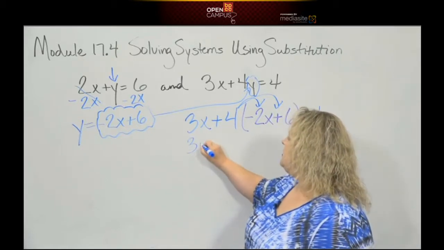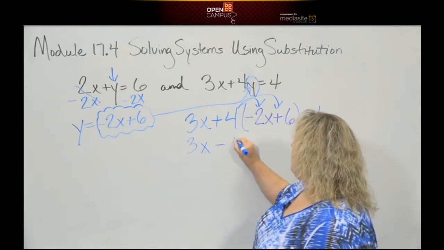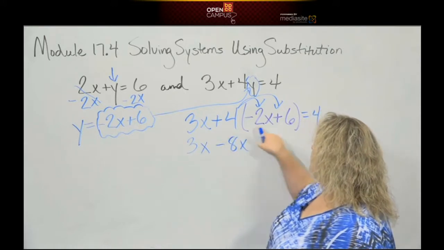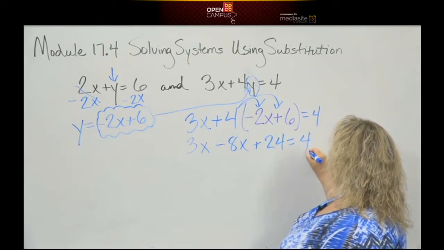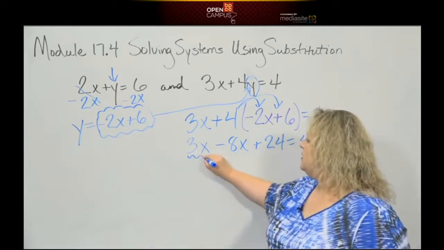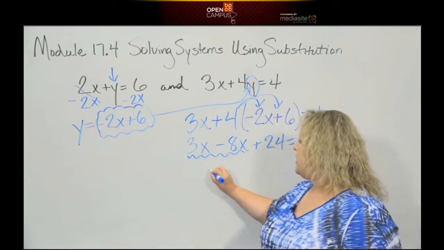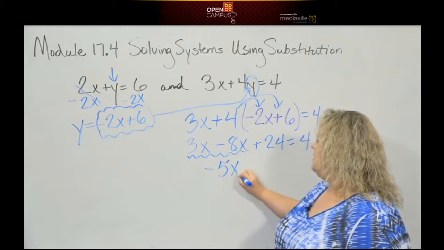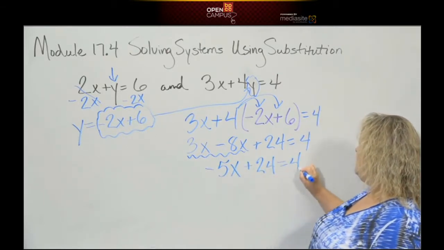Distribute, collect like terms. 4 times negative 2 is negative 8x. 4 times 6 is 24. And that's equal to 4. I'm going to collect like terms, which would be those two because they're both x to the first power. So that gives me negative 5x plus 24 equals 4.